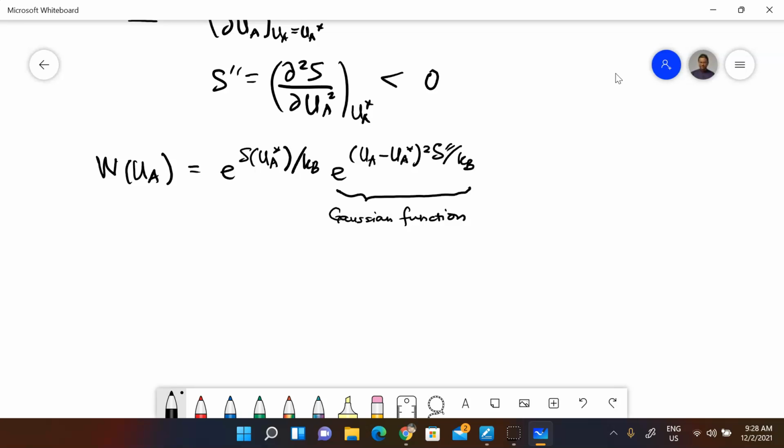And Gaussian function, we have introduced this in the lectures of probability and statistics. So it will have a peak.